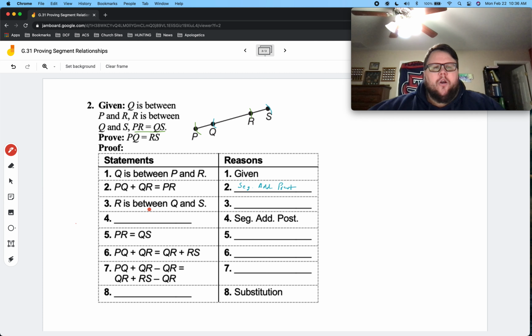Next, they say R is between Q and S. Well, where did we get that from? Right here in the given. R is between Q and S. So we're going to write given.